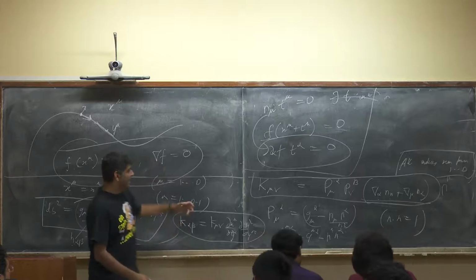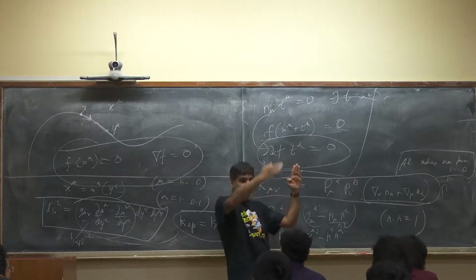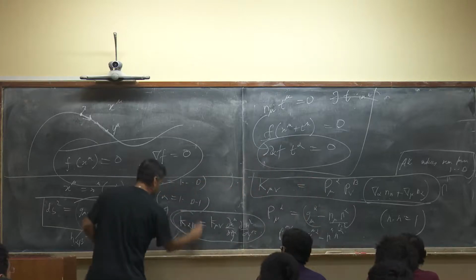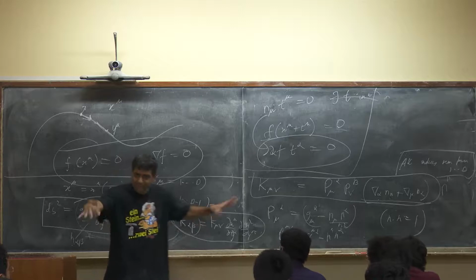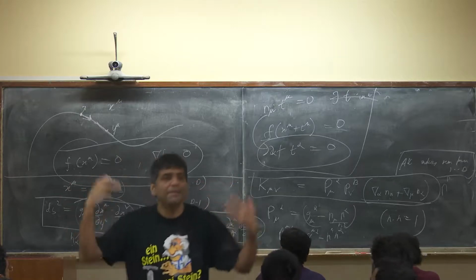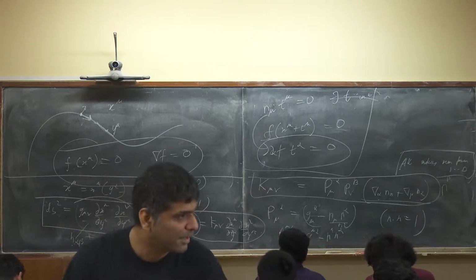Because you see, here you may have thought that the indices went all over space-time, but the object is only defined on the manifold. So it's more convenient to deal with this object where the indices run only on the manifold and the object is also defined only on the manifold. So it's a symmetric tensor field on the submanifold. Do you understand?